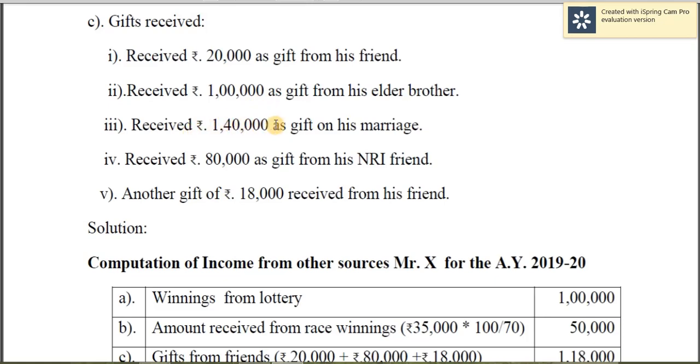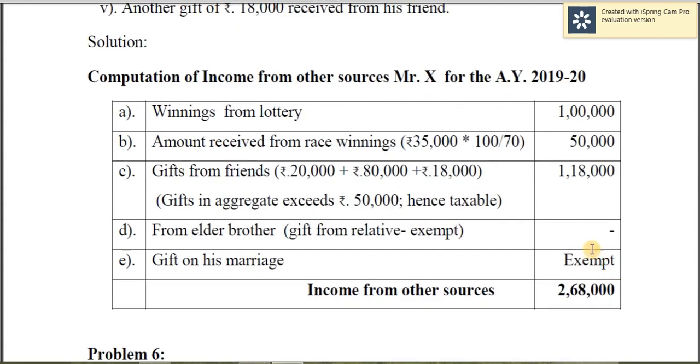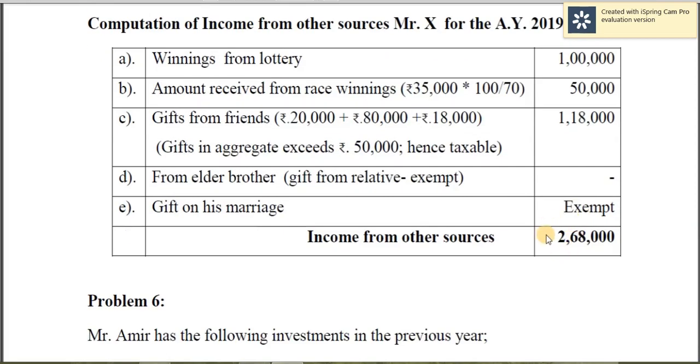Similarly, rupees 1,40,000 received as a gift on his marriage. A gift received at the time of marriage is exempt, but a gift received at the time of a marriage anniversary is taxable. So that's about this problem. Income from other sources is 4,68,000.